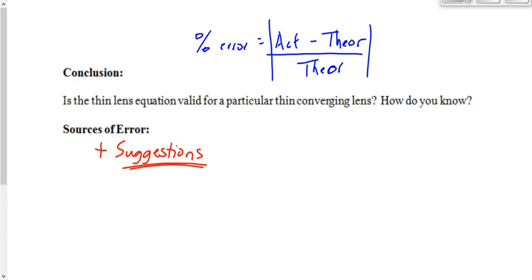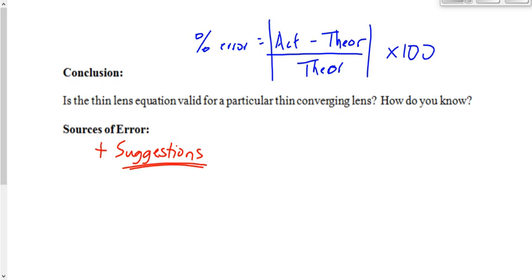And we take the absolute value of that so that we always get a positive percent error, and then we times it by 100. Another way you could phrase that would be calculated minus measured over measured times 100. So that would be the one that you got from your graph minus the one that you initially got over the one that you initially got times 100.